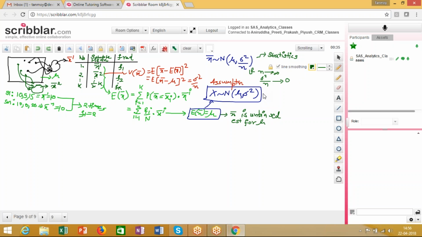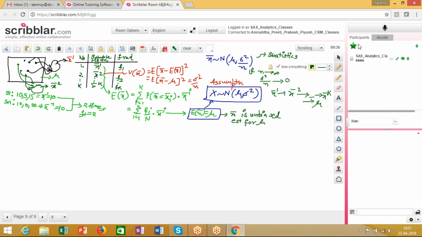So if that happens, then what would happen? If the variance starts falling, that means all these x bars come arbitrarily close to the population mean mu, right? So x bar 1, x bar 2, up to x bar k, will all tend to mu. All these sample means will come arbitrarily close to mu.